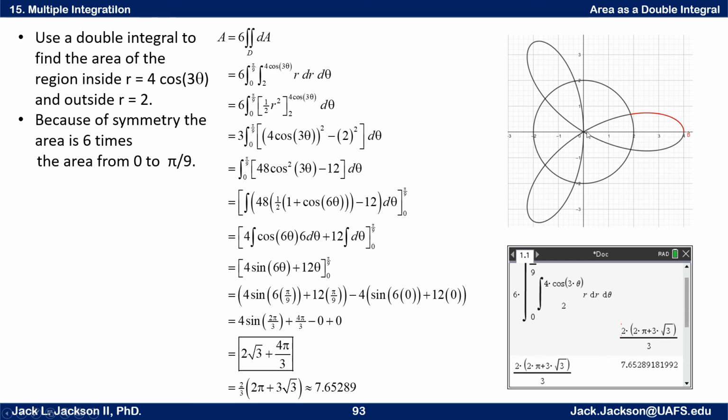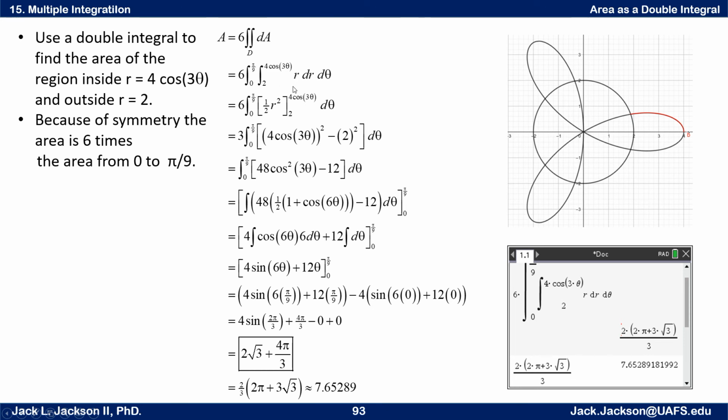So if you're drawing a radial line segment out from the origin like this, the part that's going to shade in the area always has an inner boundary of this r, which is 2, and an outer boundary given by this curve out here, which is 4 cosine of 3 theta. And the thetas then are going to run from 0 to pi over 9.